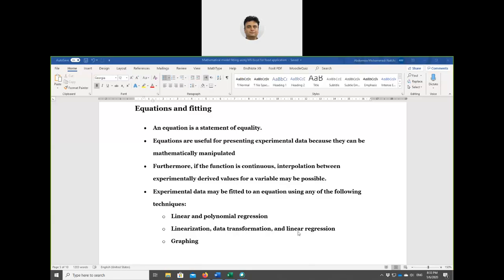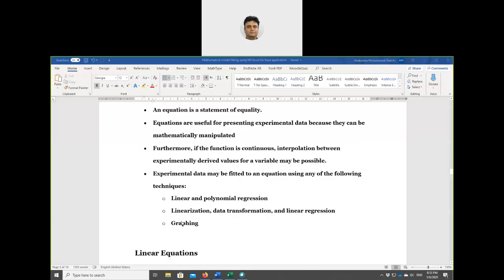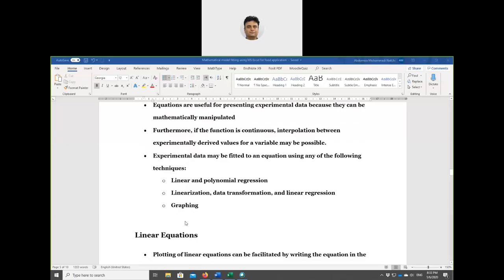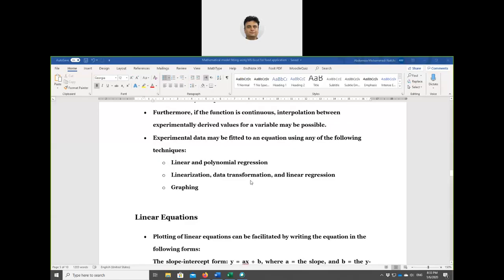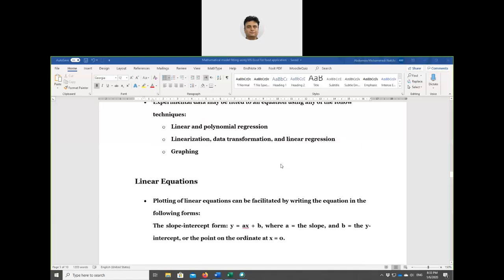We can also use graphing. By graphing the data, we can find a relationship between the dependent and independent variable. The first one is the linear equation.